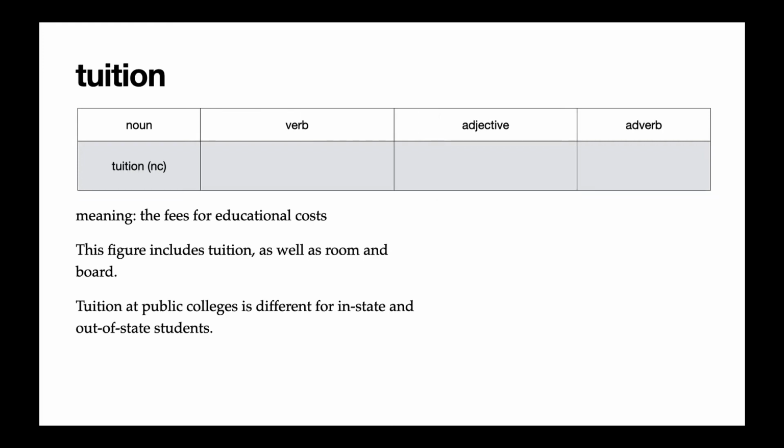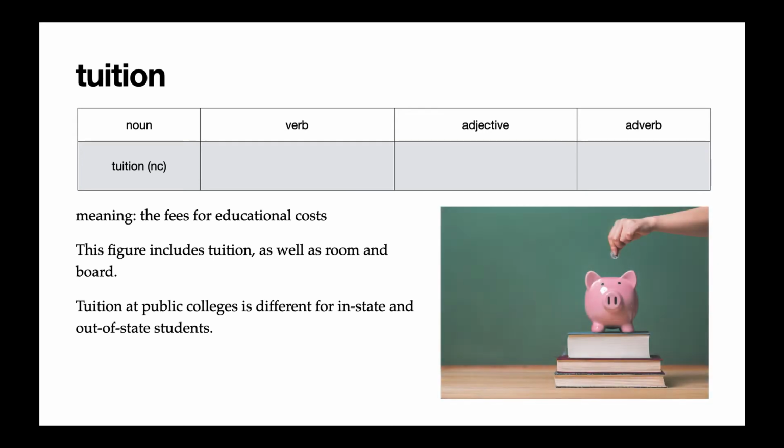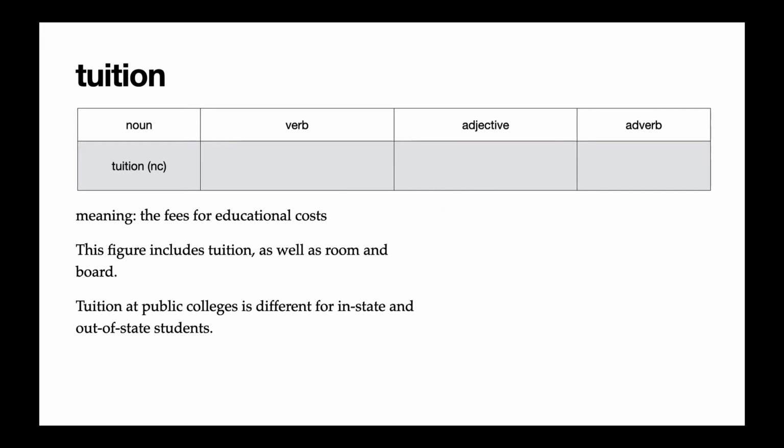Next, we have the non-count noun tuition. So when we talk about educational costs, how much it costs to go to school, tuition is the price of just the classes, just the teachers, just being in school. Tuition does not mean books, supplies, transportation, uniforms, anything else. It's just the cost of the teaching itself. So in the reading, we talked about a figure that includes tuition as well as room and board.